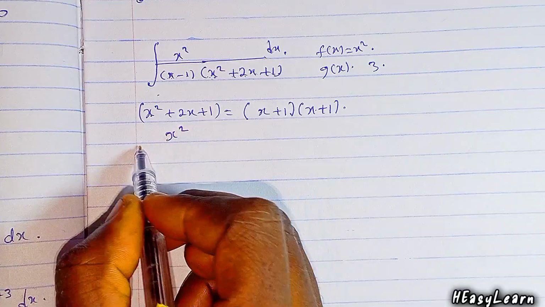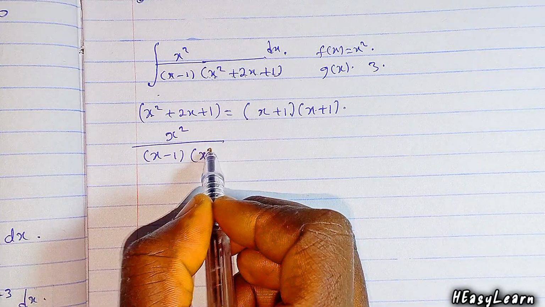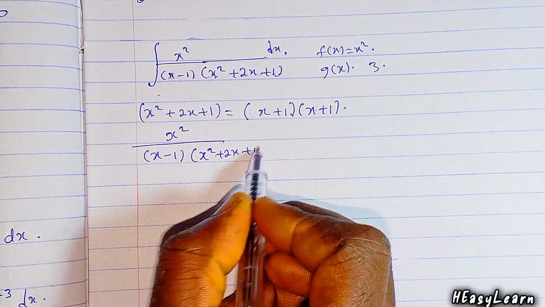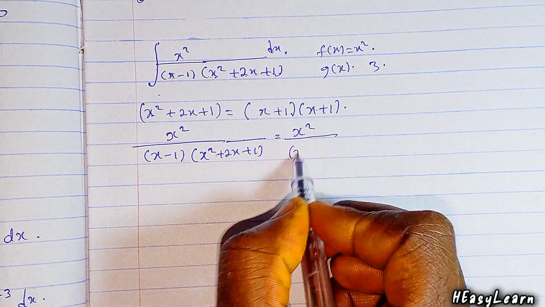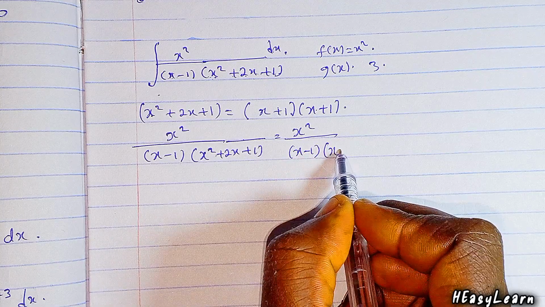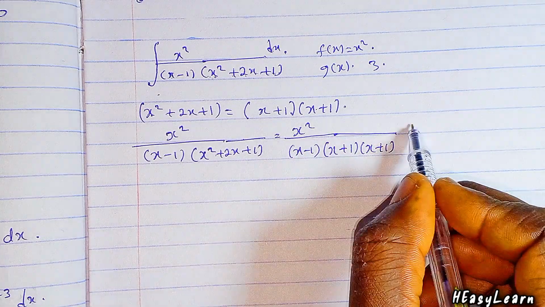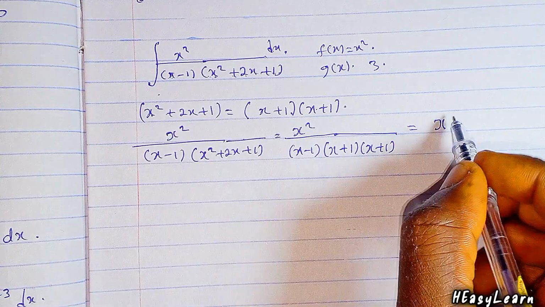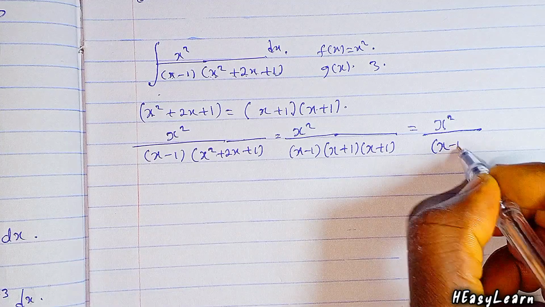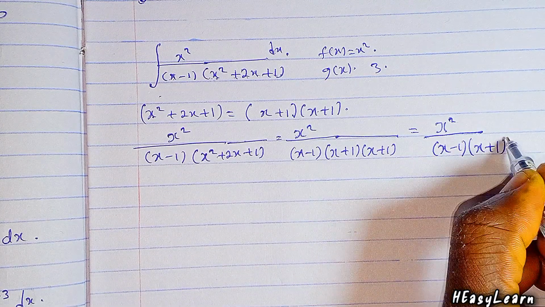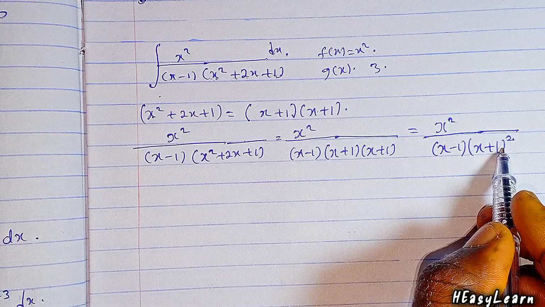What is going to be x squared divided by x minus 1, x squared plus 2x plus 1? It is now x squared divided by x minus 1, x plus 1, x plus 1. This is the same thing as x squared divided by x minus 1, x plus 1 all squared. Repeated denominator.